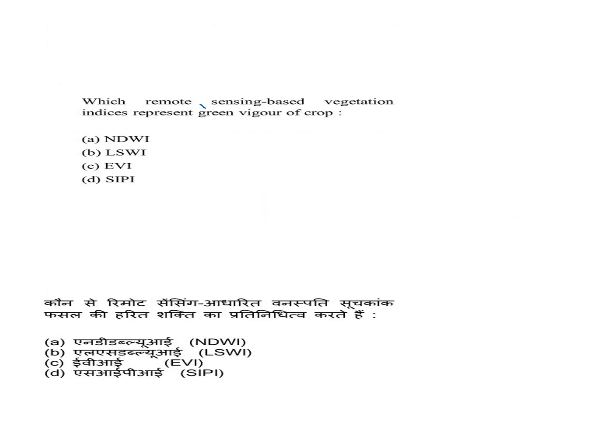Which remote sensing based vegetation index represents the green vigor of a crop? The answer is EVI. The Enhanced Vegetation Index is specifically designed to optimize the vegetation signal with improved sensitivity in high biomass regions. Then what is NDWI? It is the Normalized Difference Water Index, used to monitor changes in water content in water bodies.